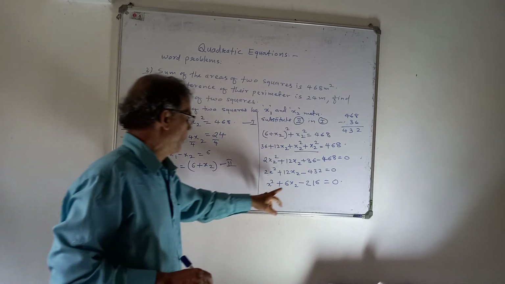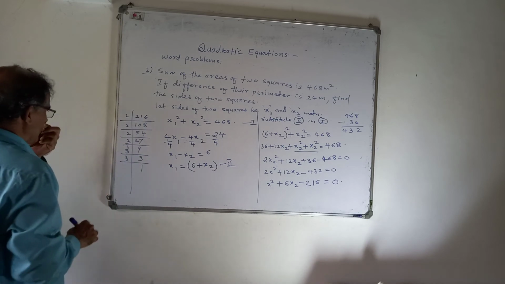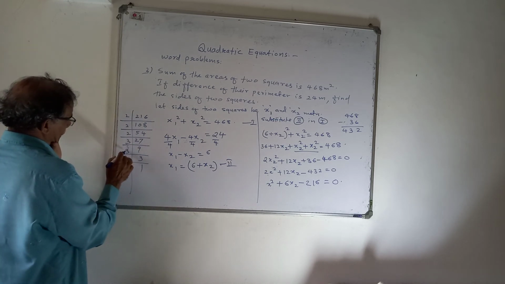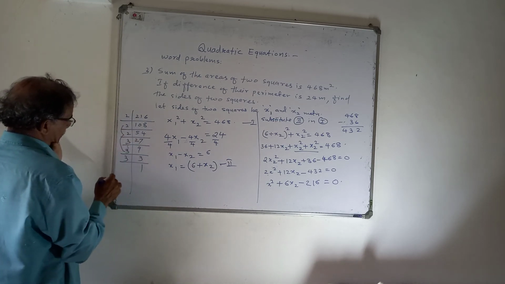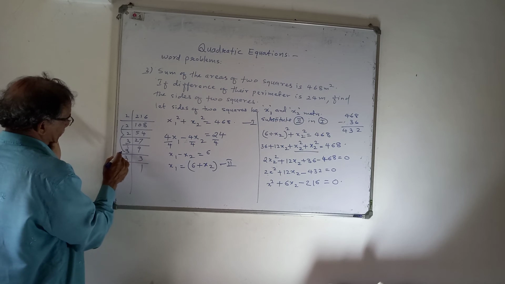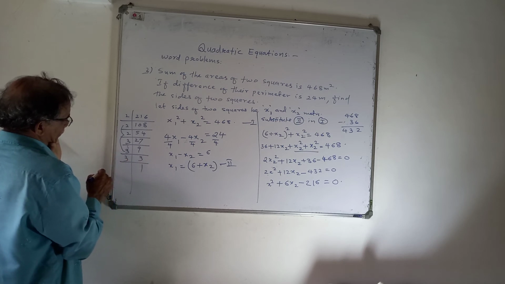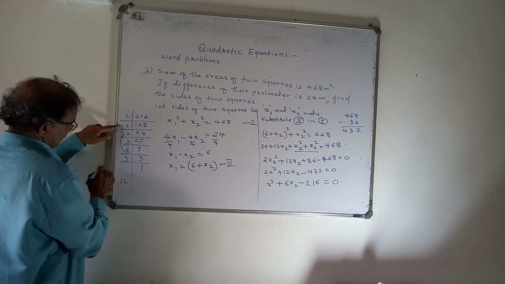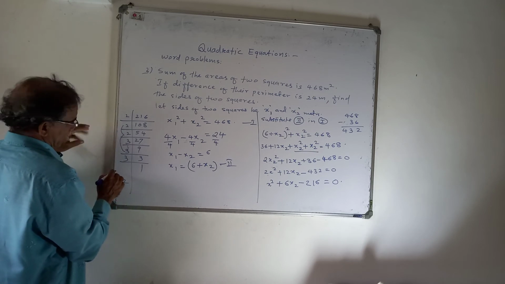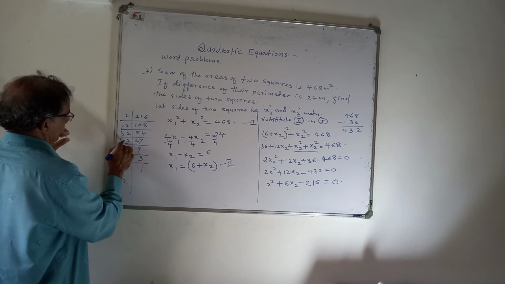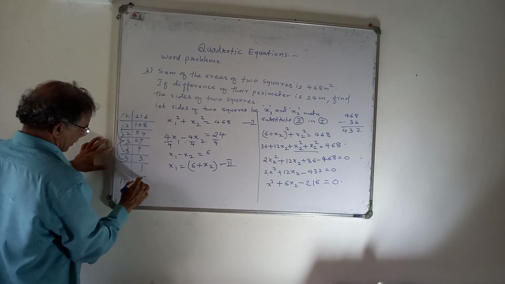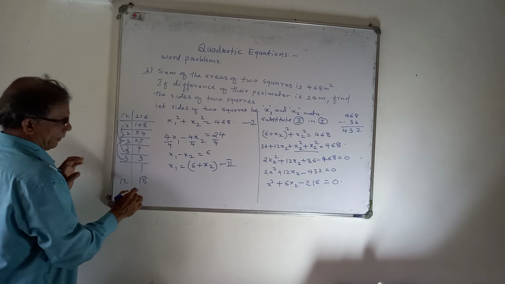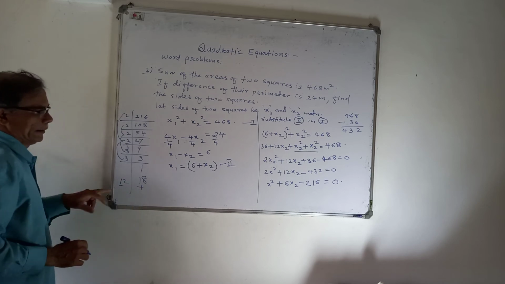So difference should be plus 6, isn't it? So 3 sixes are 18, 6 twos are 12. 3 nines are 27, 9 twos are 18. Okay. See here now. 18 will be plus, this will be minus 12, the difference there.